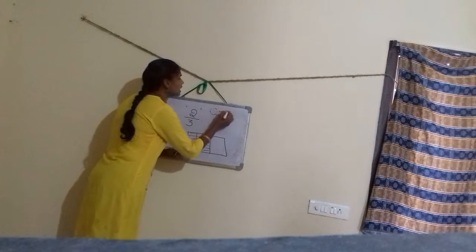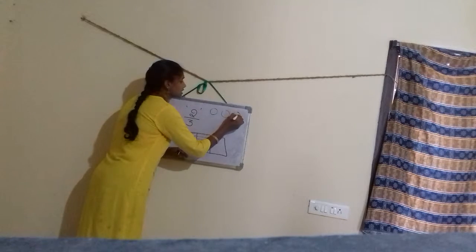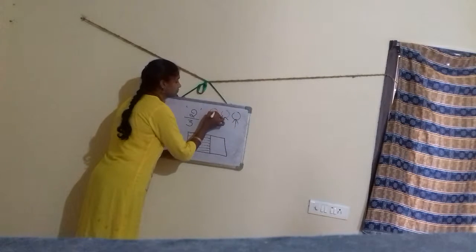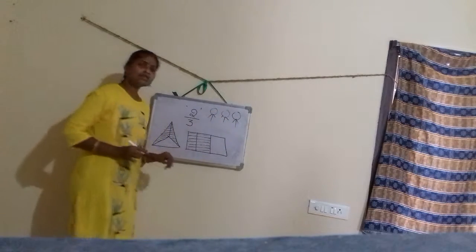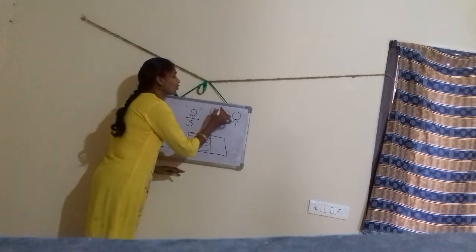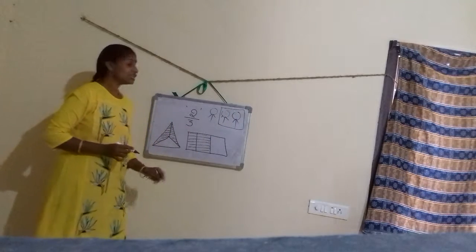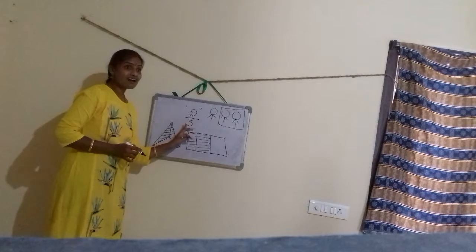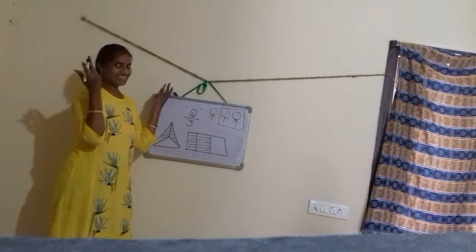For example, 3 members are there, and 2 of these 3 members are going to play. So 2 out of 3, or 2 by 3, are going for playing.